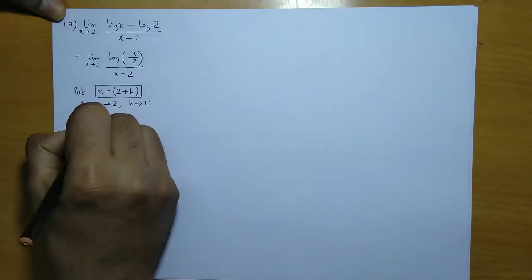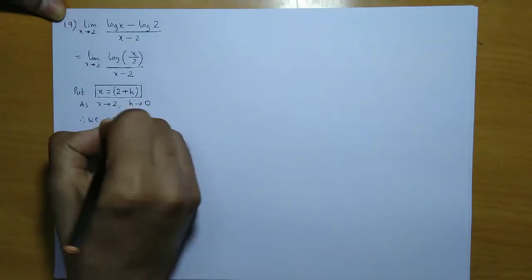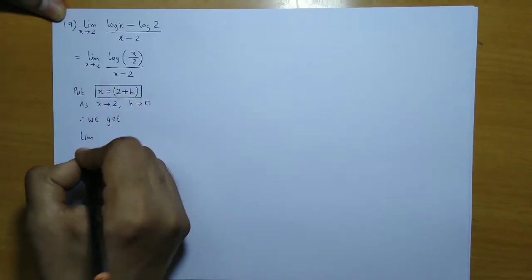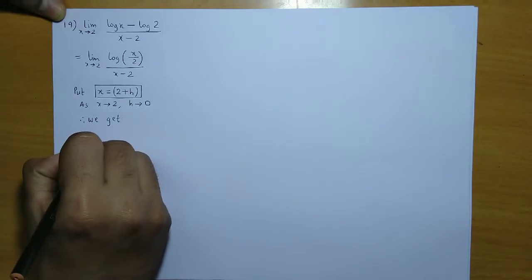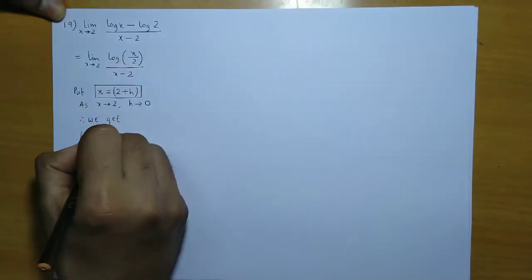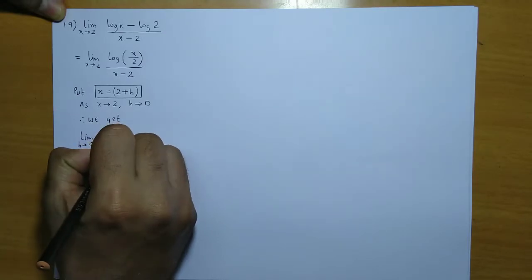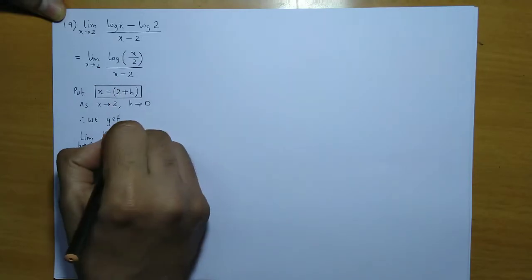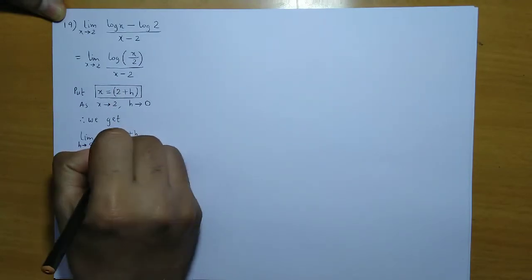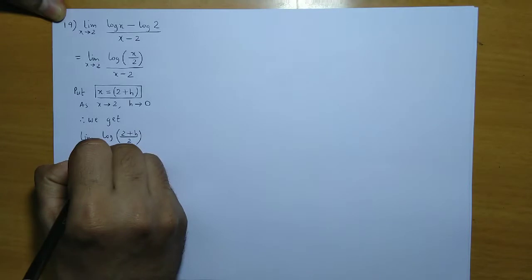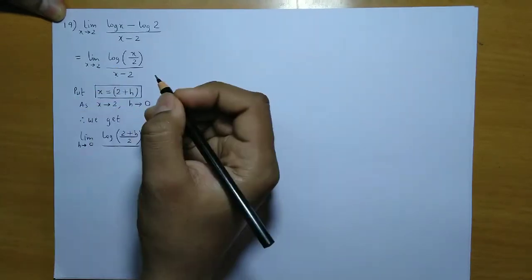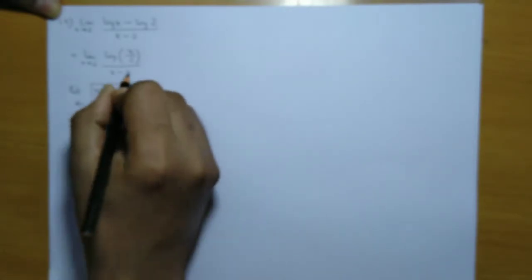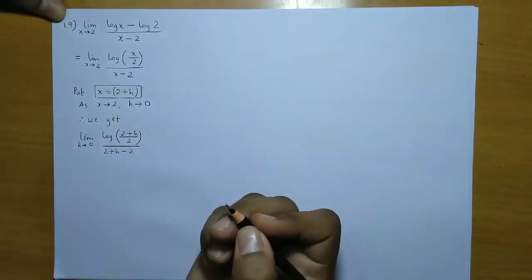So therefore we get limit as h approaches 0. Then the log term, log of, now x has become 2 plus h. So remove this x and put 2 plus h divided by 2. Again in the denominator, remove this x and put 2 plus h, and this minus 2 out here, right?